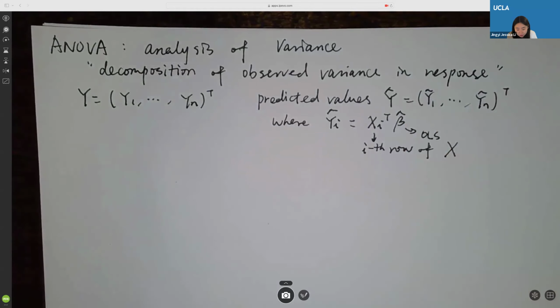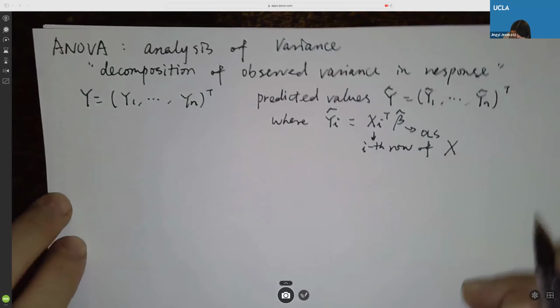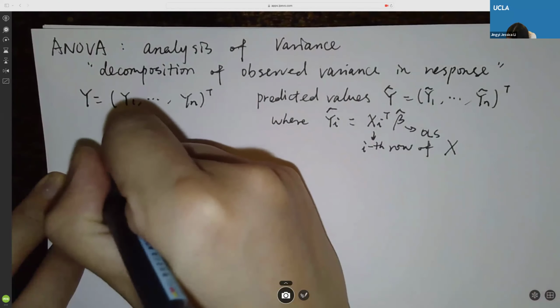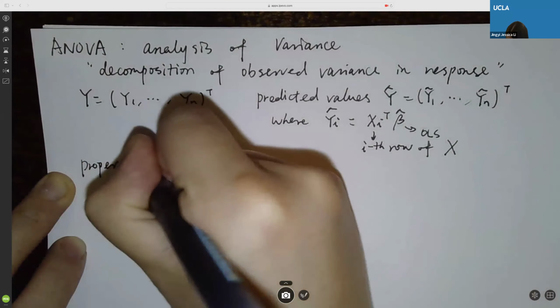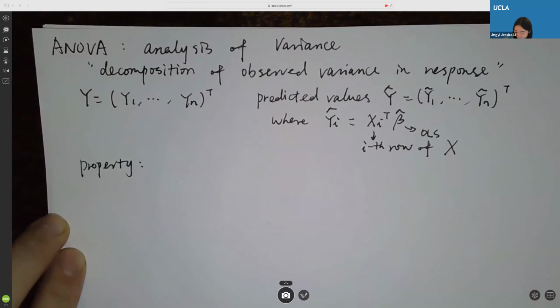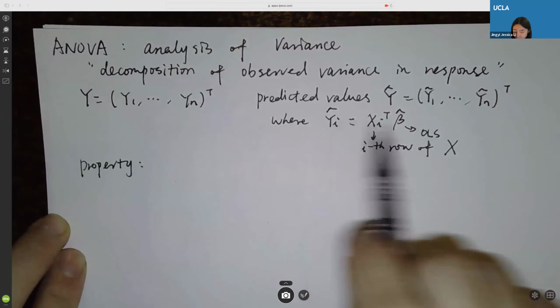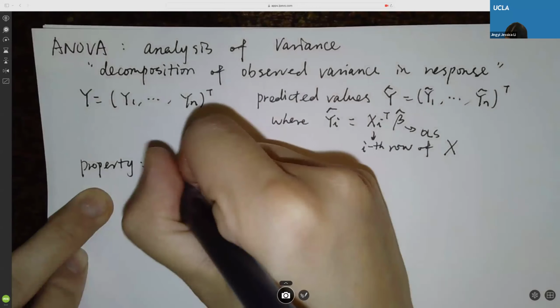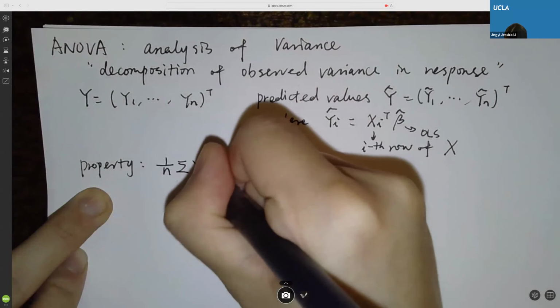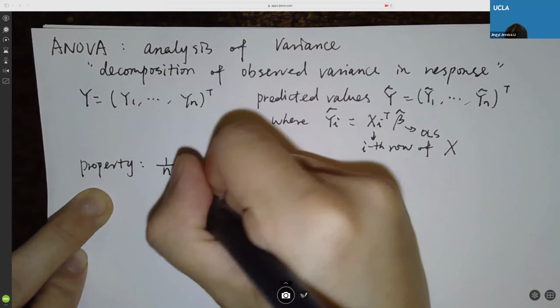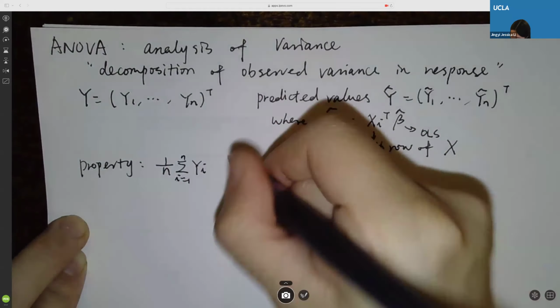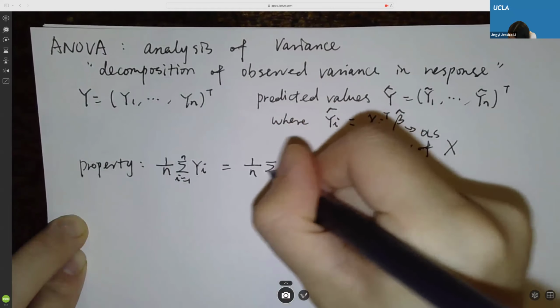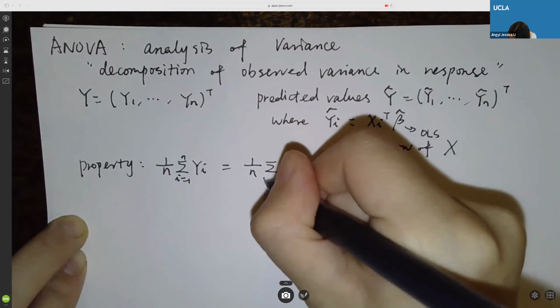Okay, that's the setup. One thing I want to say is a very, very important property. That is a key property of our linear model. If you take the average of your y's, it will be the same as the average of y hats. So this average is actually equal to the average of yi hats.